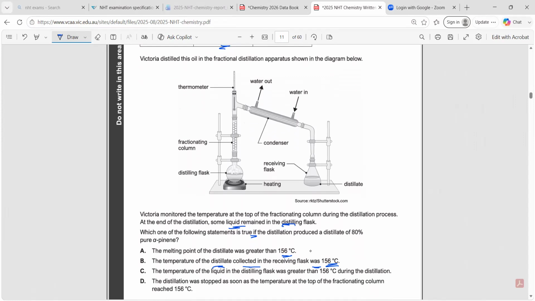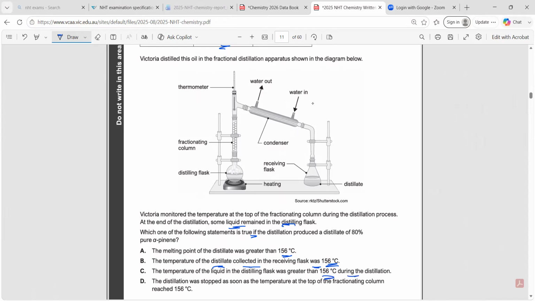Because of course, we can't really control its temperature, right? And then it also gets condensed. Okay. The temperature of the liquid in the distilling flask was greater than 156 degrees Celsius during distillation. Yeah.